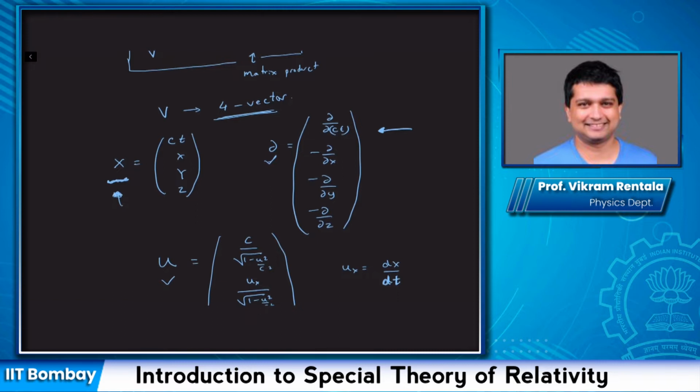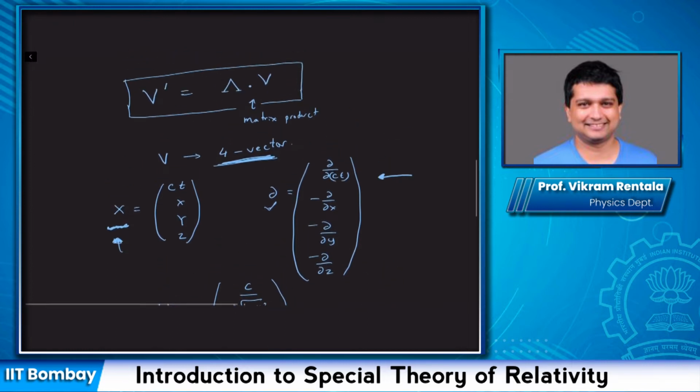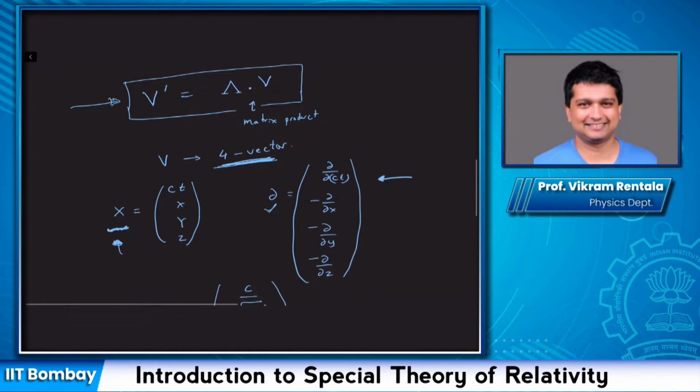So in that case, you postulate that something is a 4 vector, and you start with that assumption. So it's not easy to identify 4 vectors, but once you have 4 vectors, they transform in this way. That is, given v in some reference frame S, you can go to a different reference frame v prime, where v prime is related to v through this transformation.